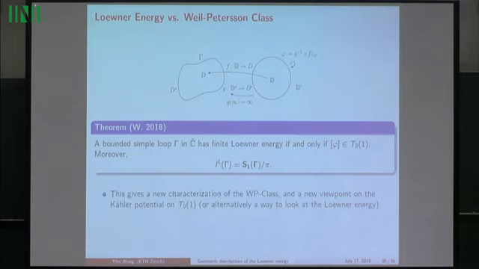This gives a new characterization of the Weil-Petersson class and a new viewpoint on the scalar potential, or alternatively gives us a global way to view the Loewner energy. Also, in this statement there's no regularity assumption on the curve, and they are equal. They're really in one-to-one correspondence.